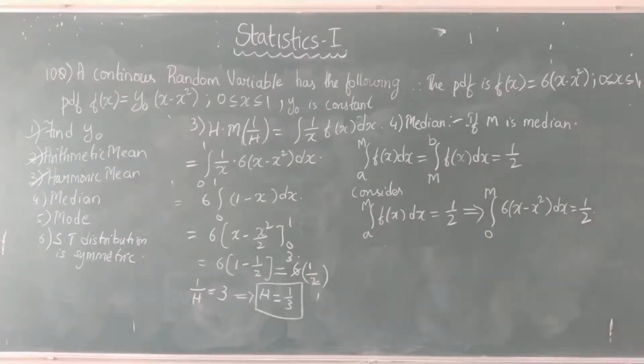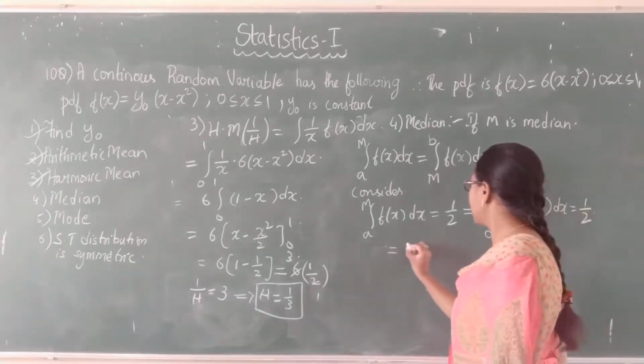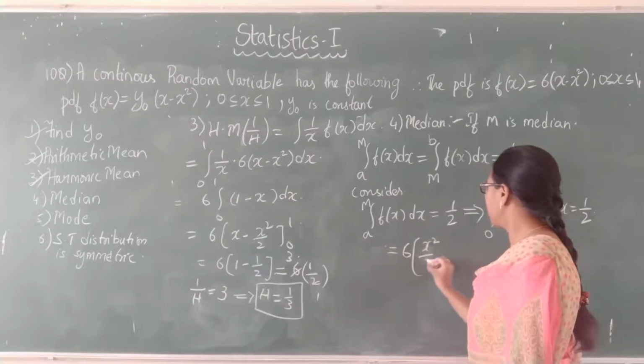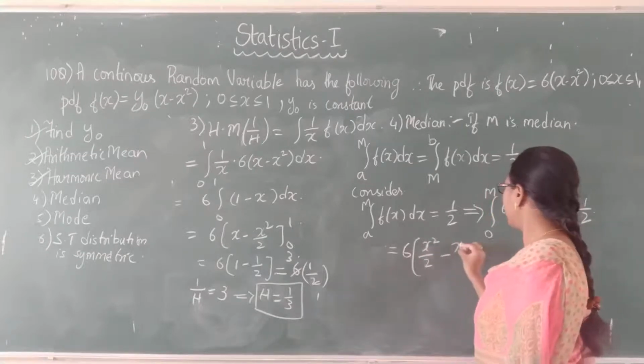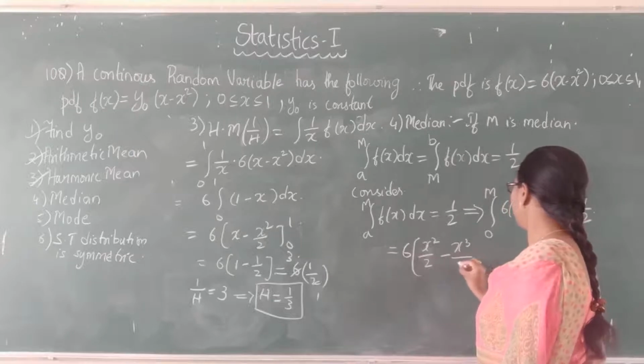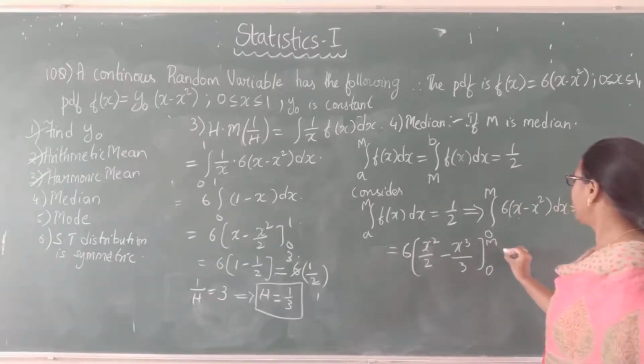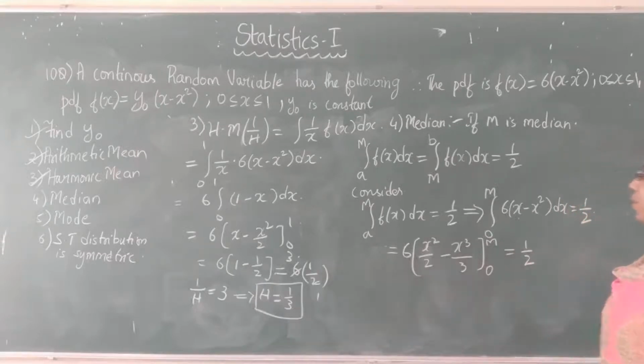Now integrate this one, which equals 6 is constant, x integration is x square by 2 minus x square integration is x cubed by 3, within the limits 0 to m, equals 1 by 2.